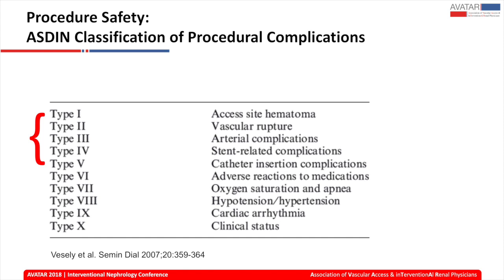So ASDIN has classified some of these procedural complications from 1 to 10, but the top 5 are related exactly to the procedures. The access, which can go from type 1 to type 5. Type 1 is access site hematoma, going on to vascular rupture and arterial complications and stent and catheter-related complications. So you should be aware of those.